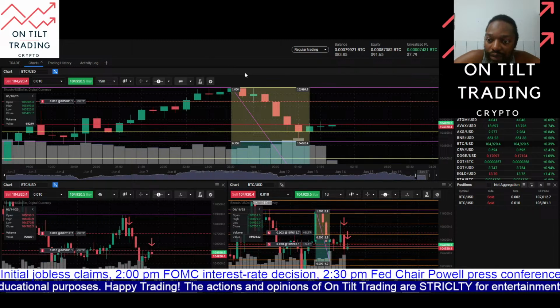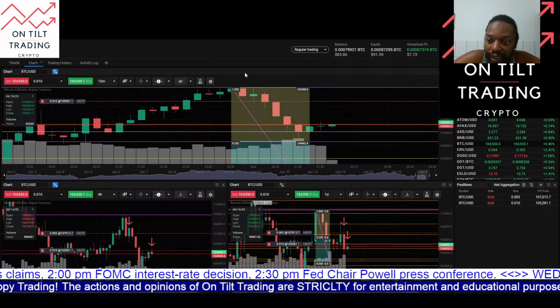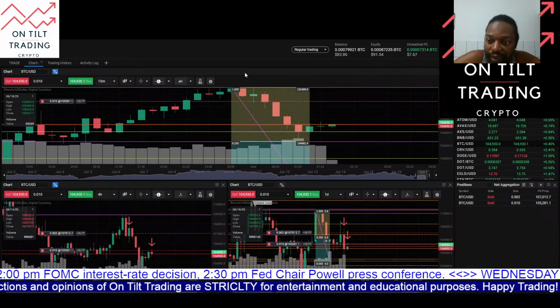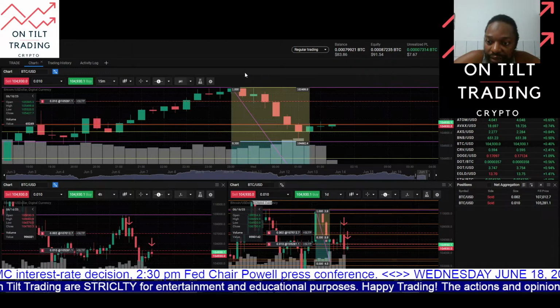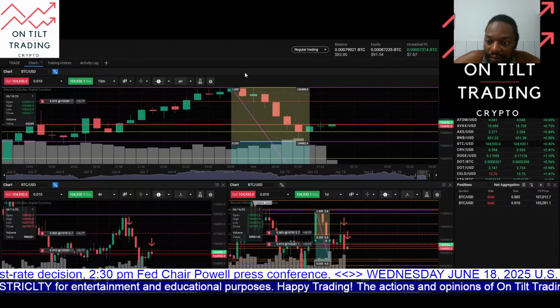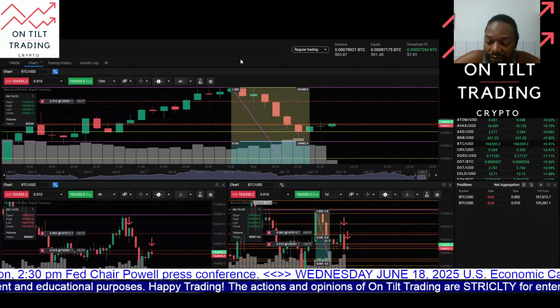Price at the 104,925 level, and price being delivered to the buy side. Seems like there may be a test of the 104,950 level.